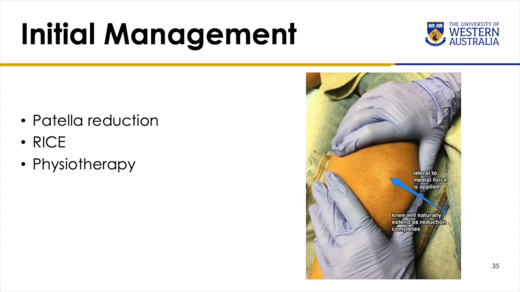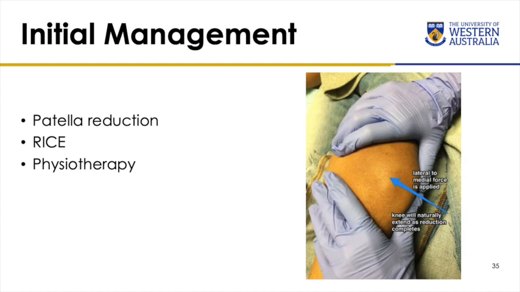Physiotherapy is directed towards closed chain exercises of the vastus medialis oblique, or VMO. This is the main stabilizer of the patella, so attempts are made to strengthen it as much as possible.